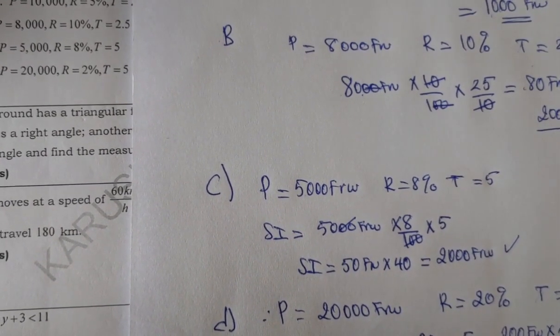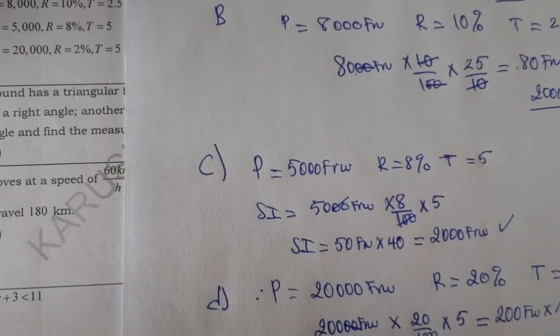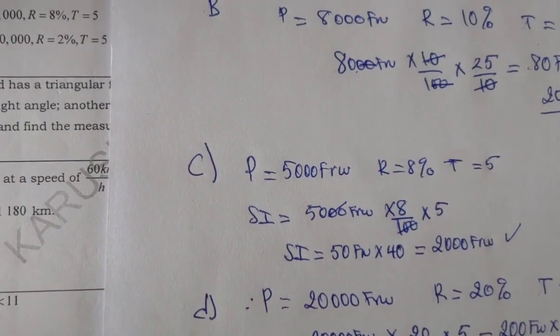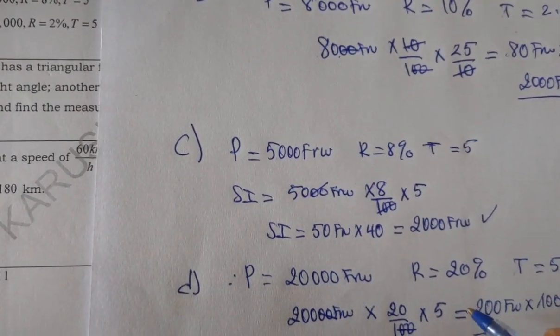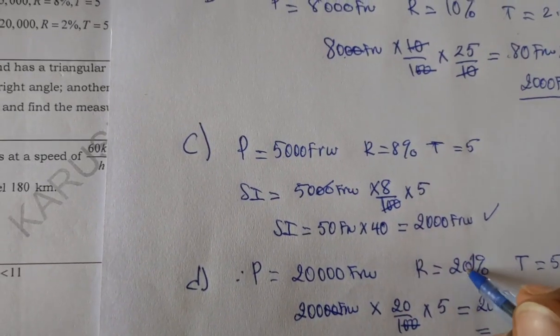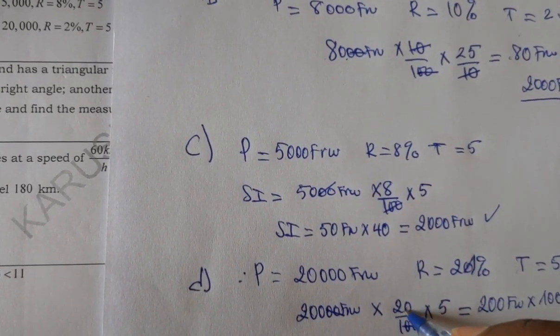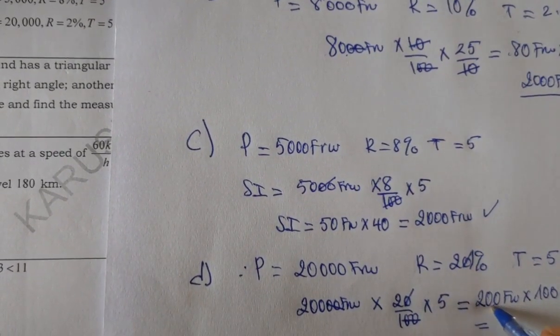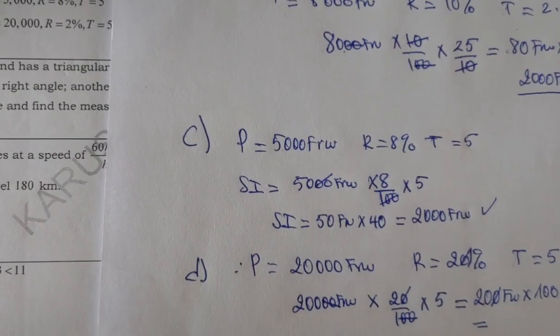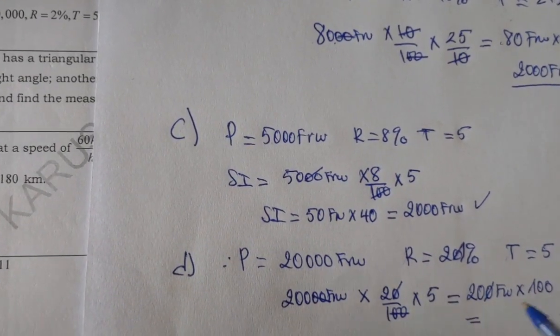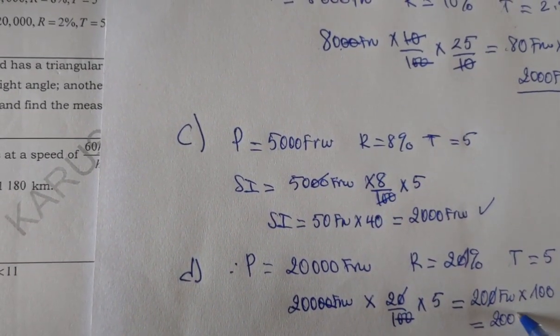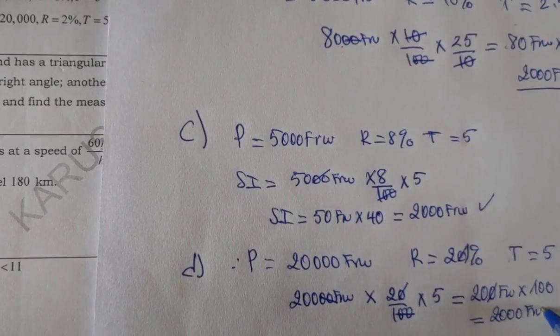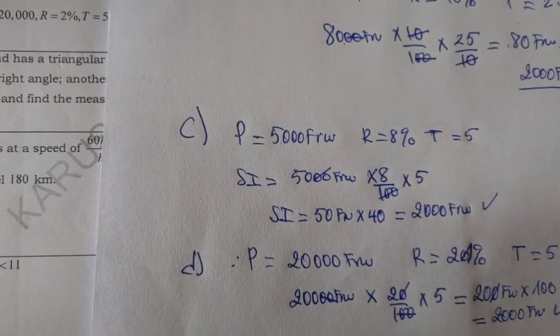And then once I multiply, here by mistake I wrote 20 but it is 2, and then here is 2. My rate here will become 20, and then 20 times 100 is equal to 2,000. And then here also D is a correct choice.